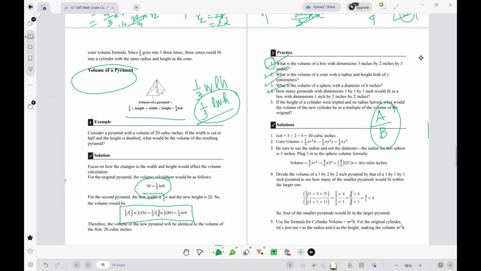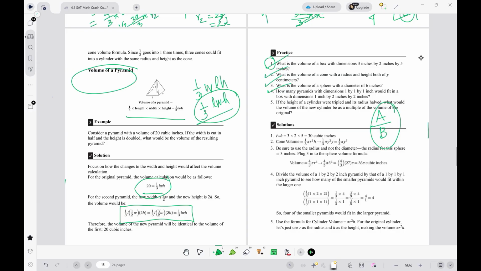We are interested in comparing how many pyramids with dimensions 1 by 1 by 1, meaning length 1, width 1, and height 1 unit, would fit in a box with dimensions 1 inch by 2 inches by 2 inches.